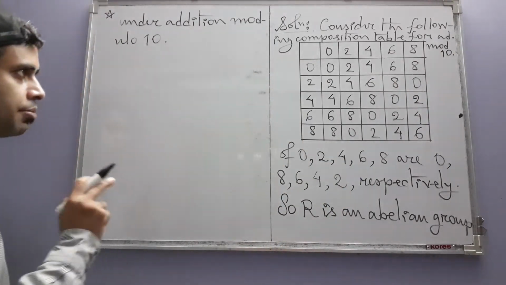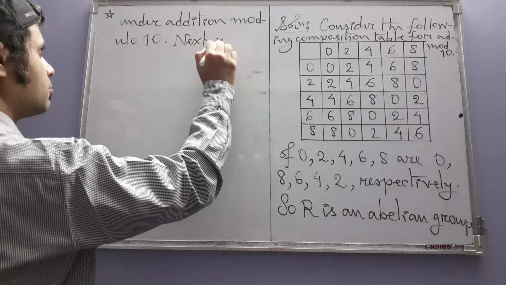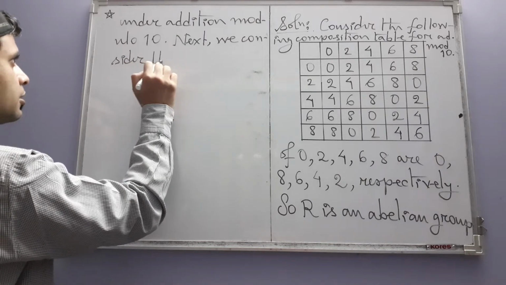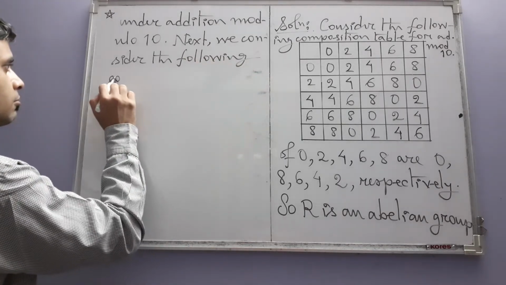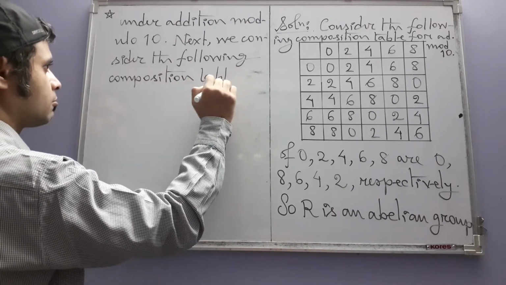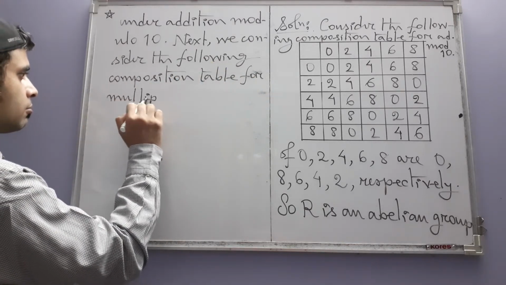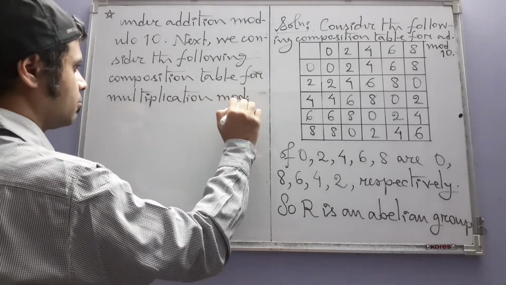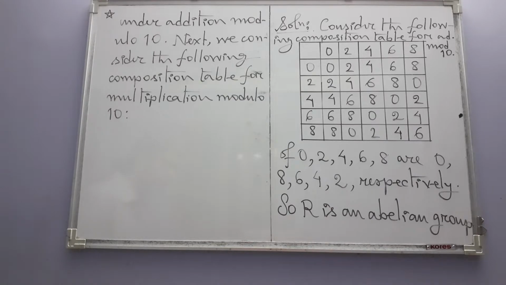So now we are going to do a similar thing for multiplication. Next, we consider the following composition table for multiplication modulo 10. Now I hope I have space for the table.